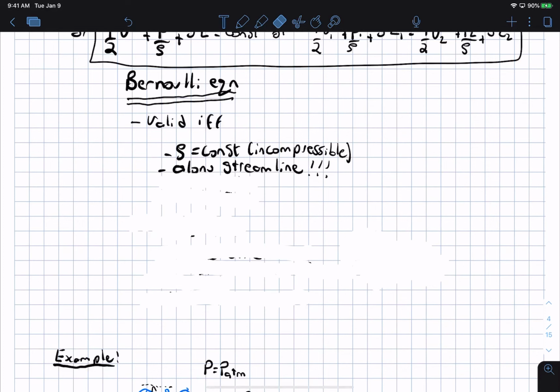2, it's only along a streamline. You cannot use it across streamlines, only in very special cases, which I'm not going to discuss in this class. Those of you who may be aerospace engineers, you deal with that case a lot in aerodynamics, but in this class, we're not going to deal with those with an irrotational flow. So for this class, you can apply it only along a streamline.